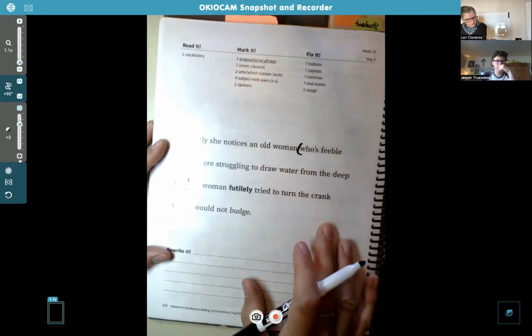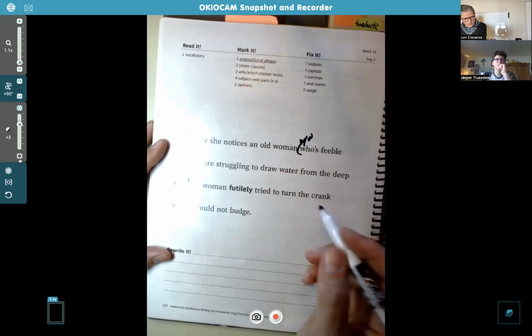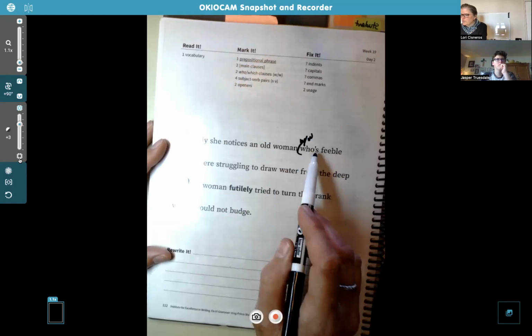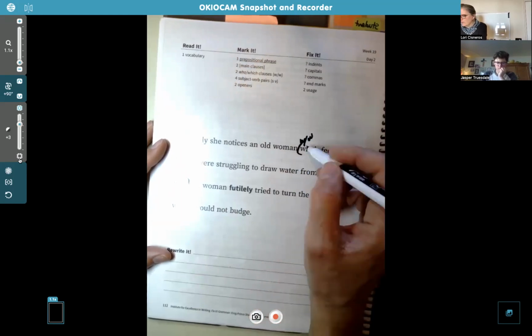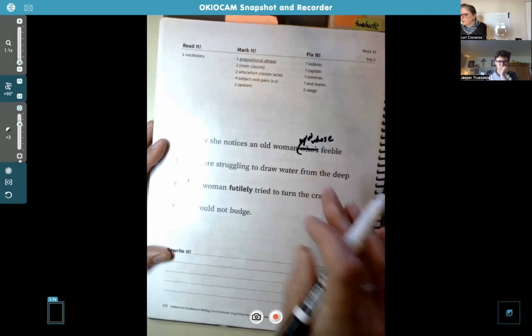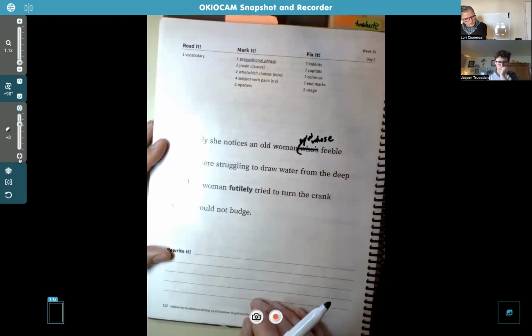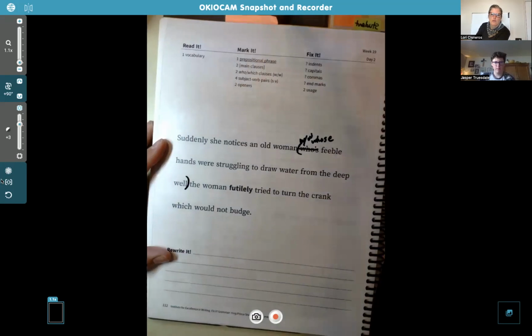It's a long one. We know that's WW, the who which clause, but whose, this one is incorrect spelling, because that is who is feeble. So obviously we just cross that out and put whose feeble hands were struggling. That one was easier. So basically that's how you'll label it as you go through the homework.